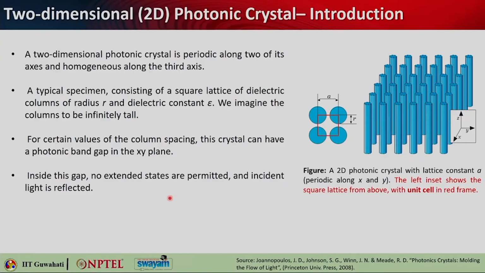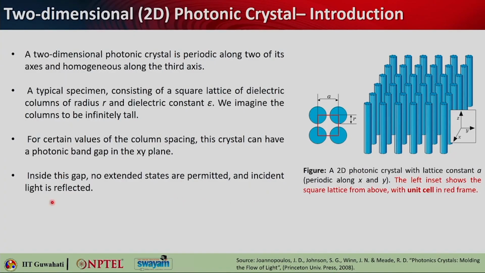When I say band gap in the xy plane, it means it will not allow any light propagation through this crystal along the xy plane for a certain frequency band, and that will be known as the photonic band gap for this crystal. Inside this gap, no extended states are permitted.